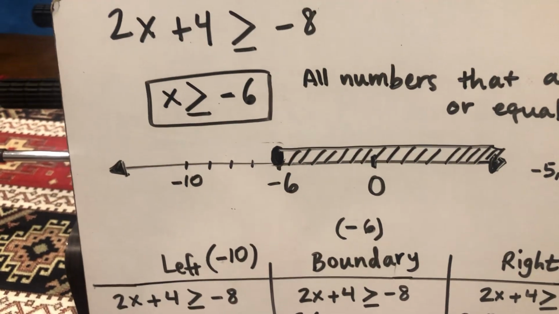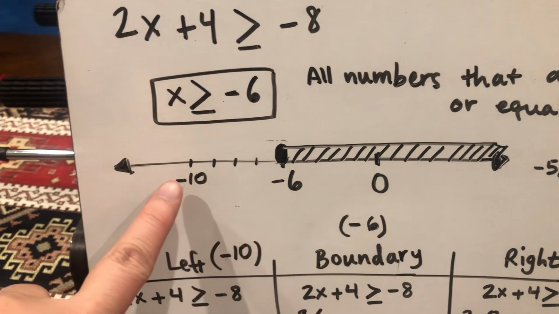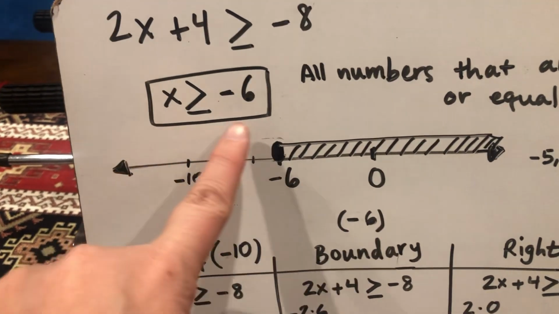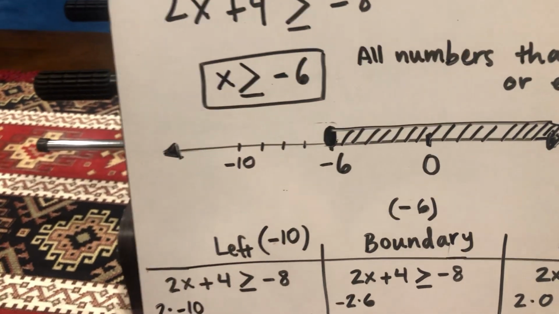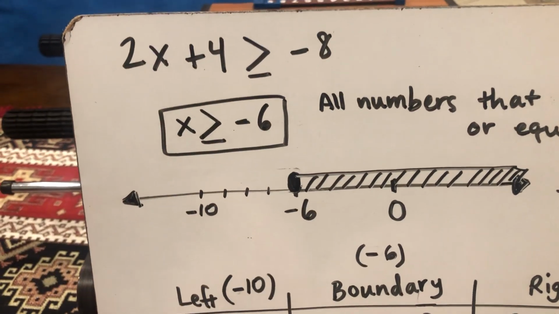Now, if we did everything correctly, any number on the left side, when we check it, should give us false, because these numbers to the left of negative 6 are not solutions for this inequality. They're not supposed to work.